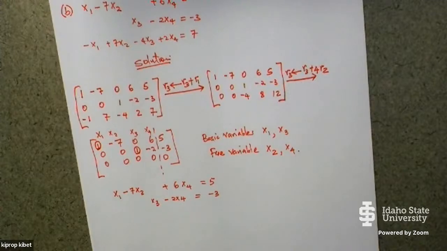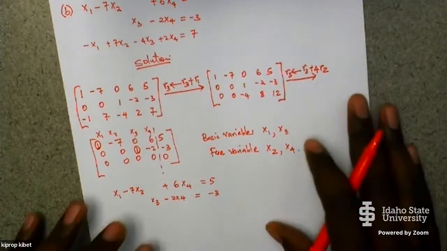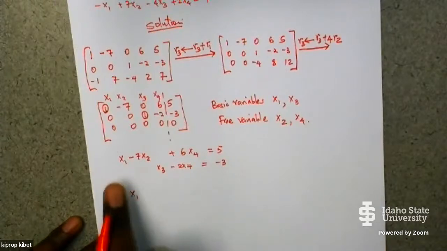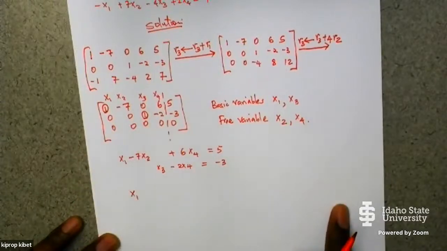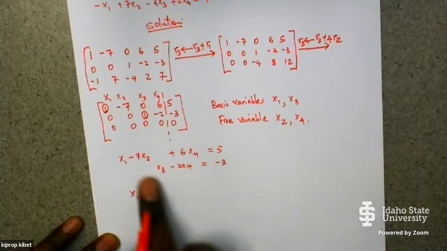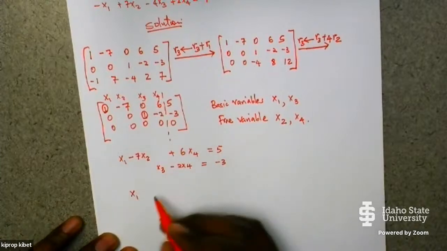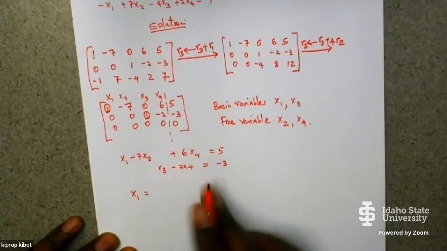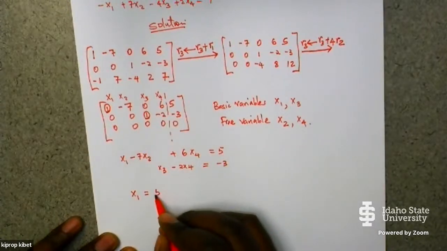So our solution set will now be x1. We take the other values to the other side. So we have 5 here.